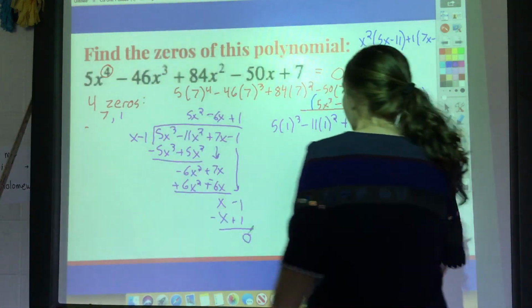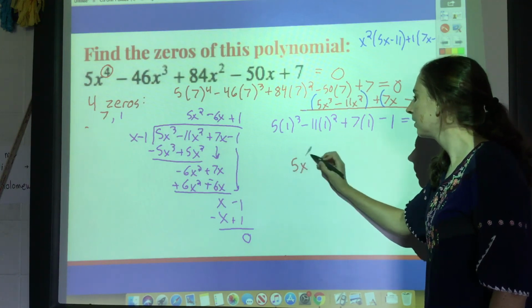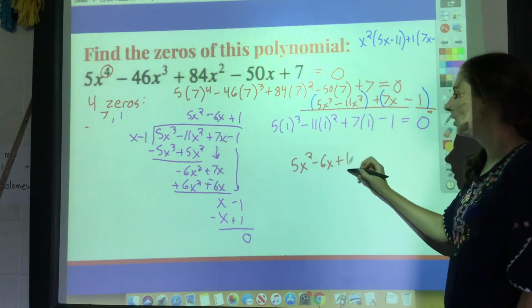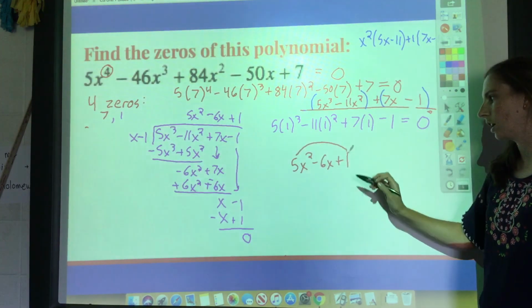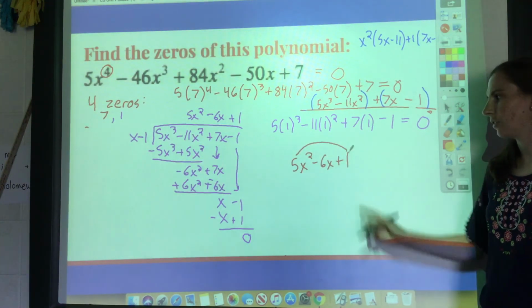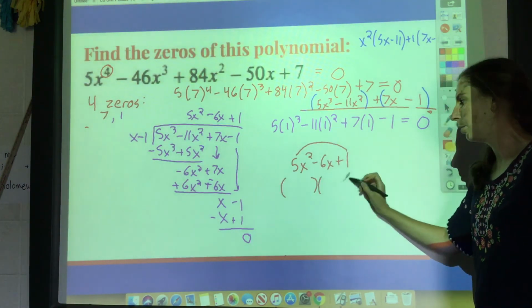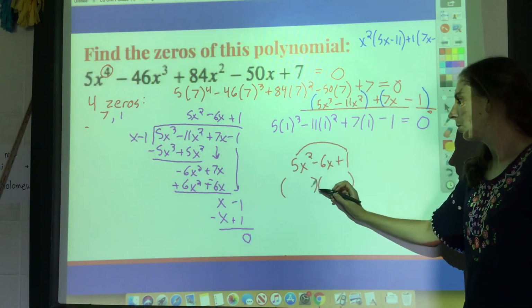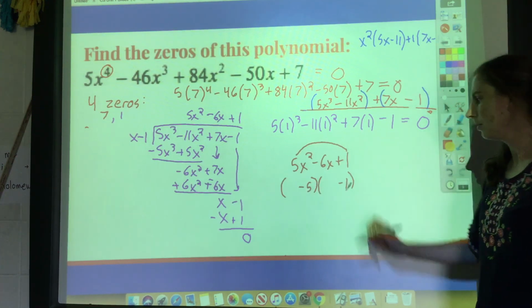Let's see if we can factor this. It's 3 terms, so rainbow method, 5 times 1. What multiplies to give you 5 and adds to give you negative 6? That would be negative 5 and negative 1.